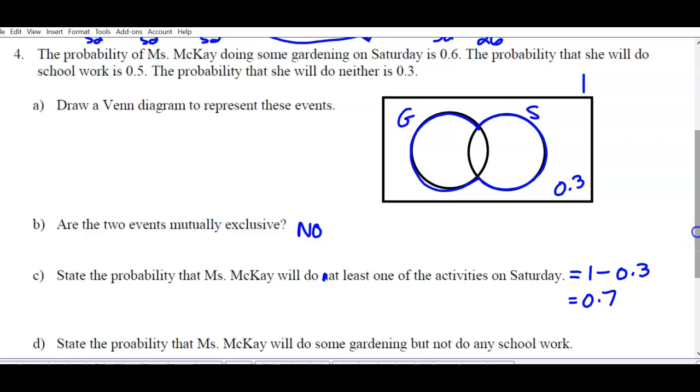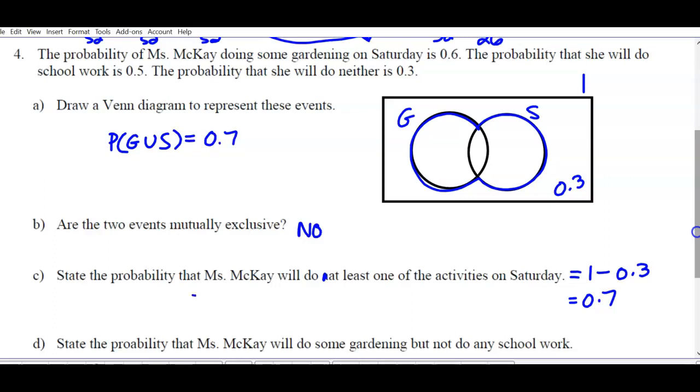Okay, state the probability that I'll do some gardening but not do any schoolwork. So I want to figure out the rest of the values in here. Think about it. So the probability of G union S, we know is 0.7. We just calculated that.